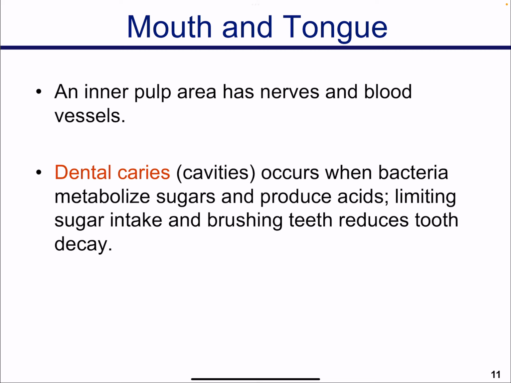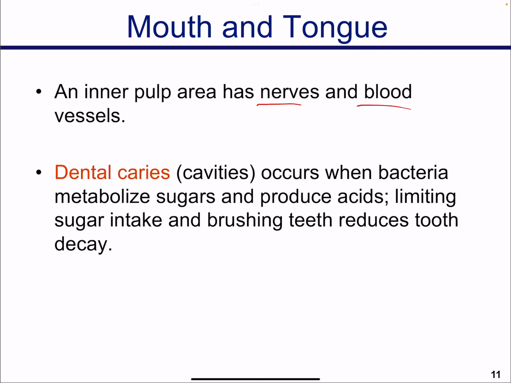So I already said that in the inner part of the tooth, you have the pulp. This is where you're going to have the nerves and blood vessels. Now, sometimes when we don't take good care of our teeth, these teeth can actually decay. They decay because of excess acidity, right?